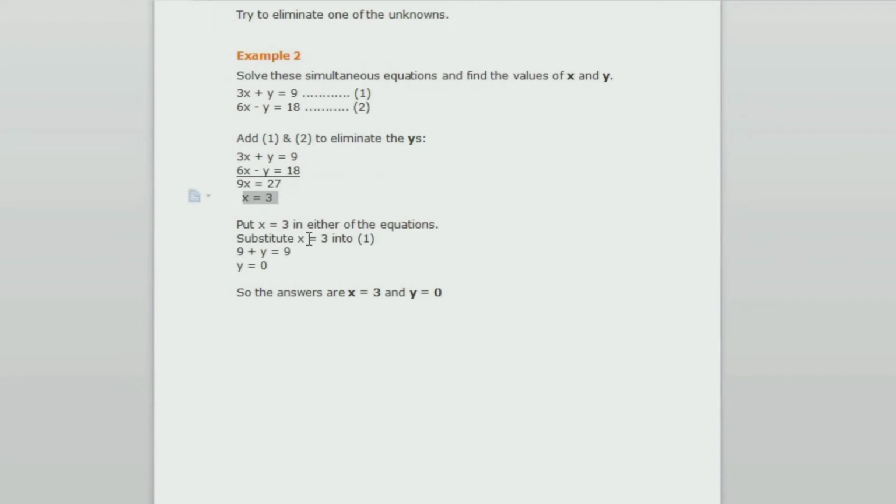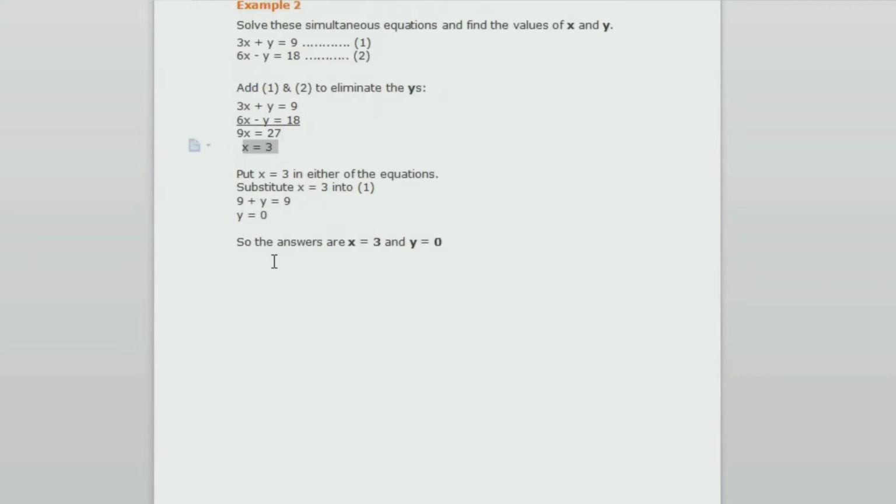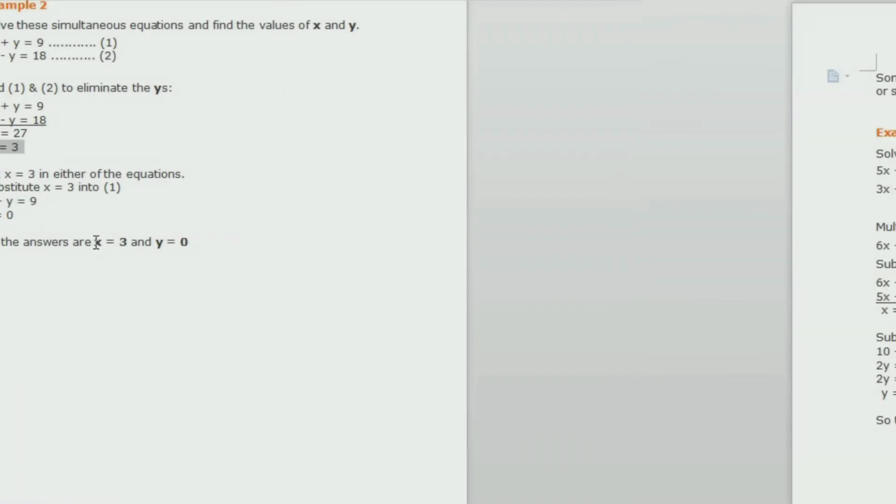And now we can put x equals 3 back into one of the equations, say back into the first equation. And we have 9 plus y equals 9, so y equals 0. And that's the answer. The answers are x equals 3 and y equals 0.